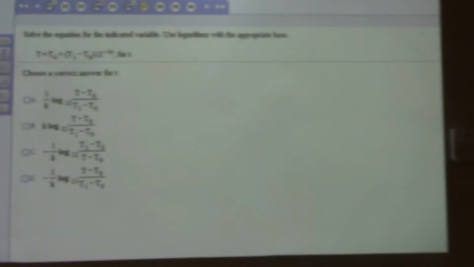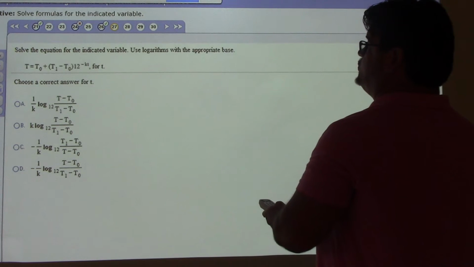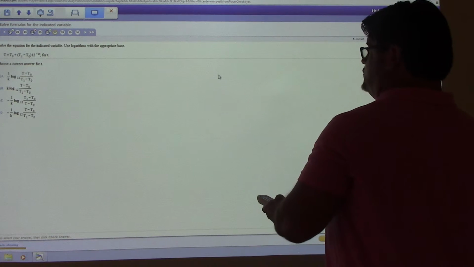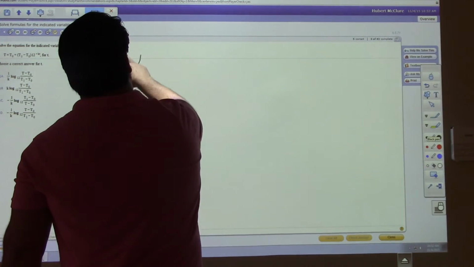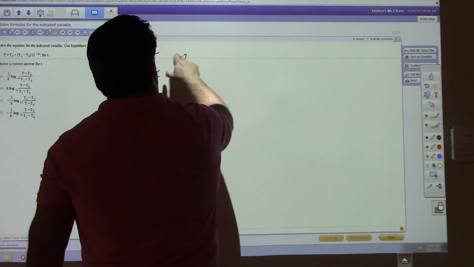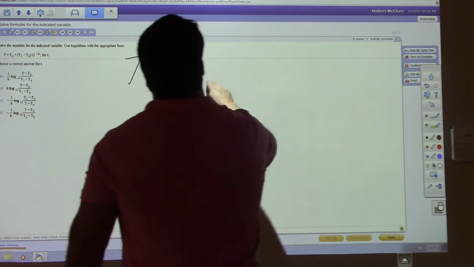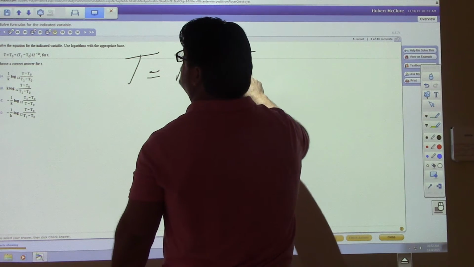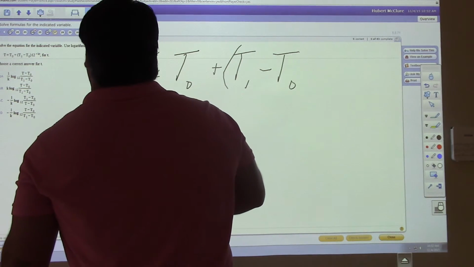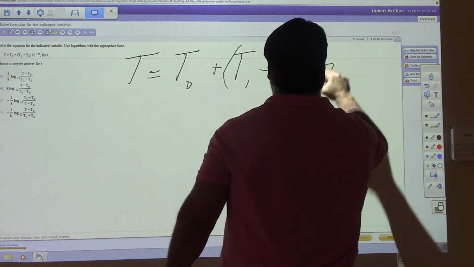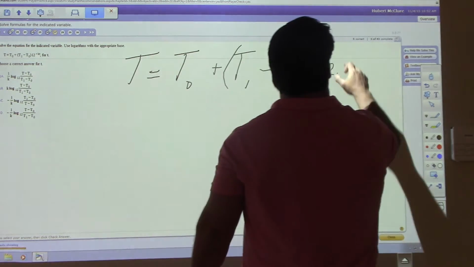All right, let's see what we need to do. I have no idea what we're solving for. So, first of all, T is equal to T sub 0 plus T sub 1 minus T sub 0 times 12 to the negative kt power.